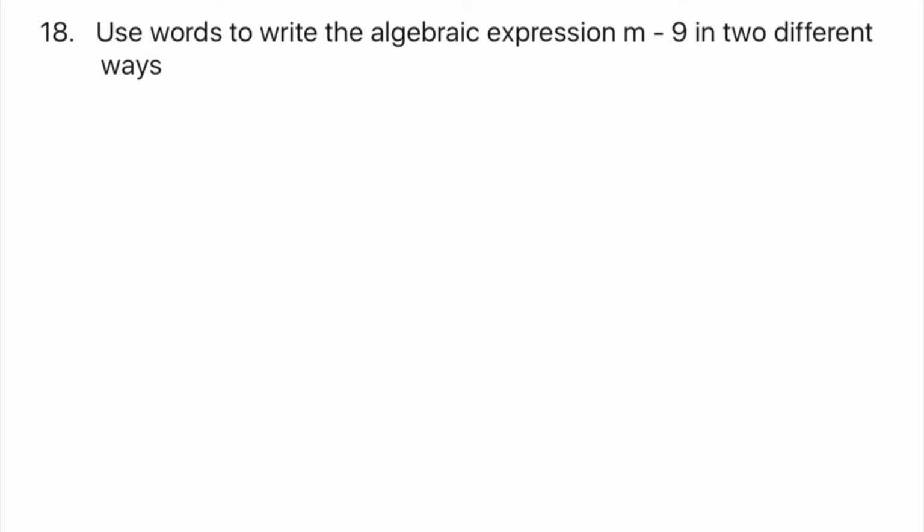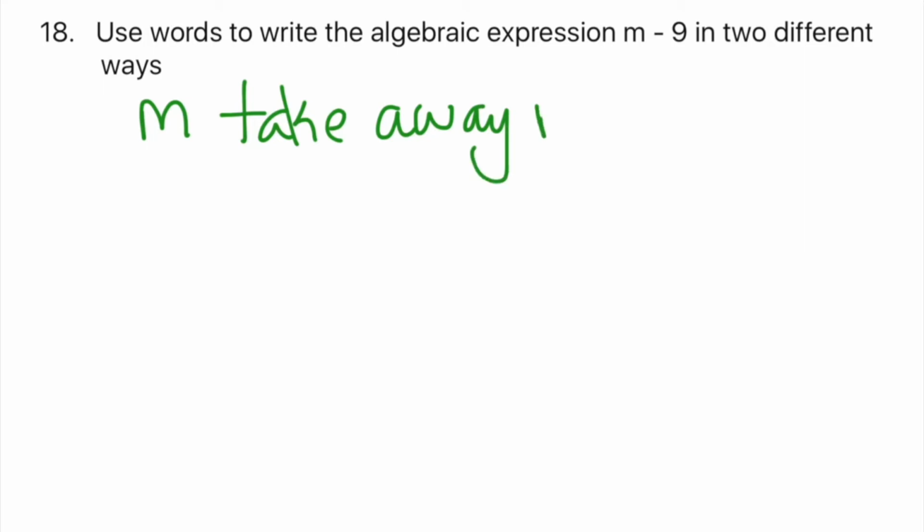Number 18, use words to write the algebraic expression m minus 9 in two different ways. I'm going to give you 4 ways just so you have a few options. One is m take away 9.